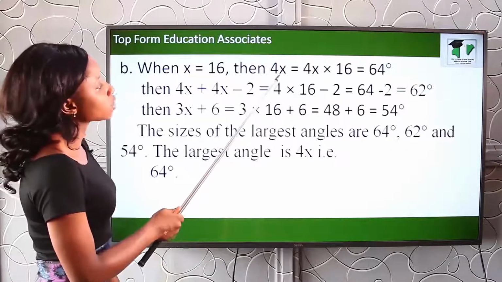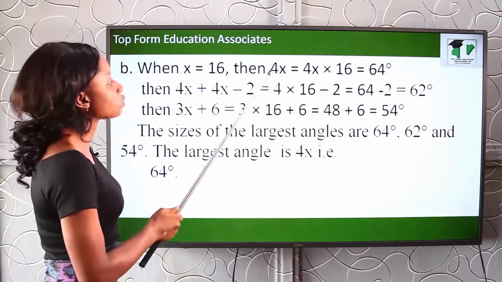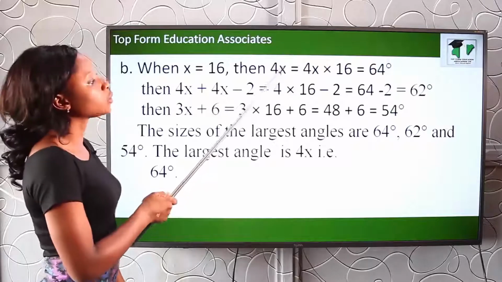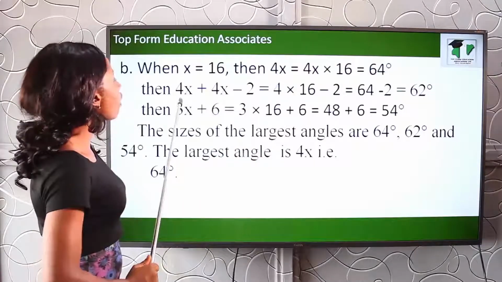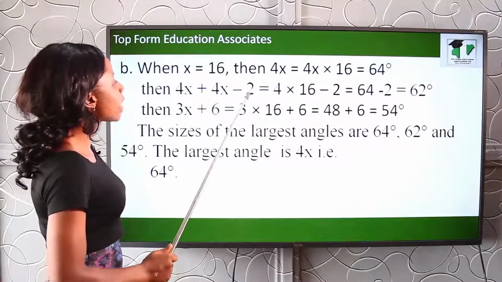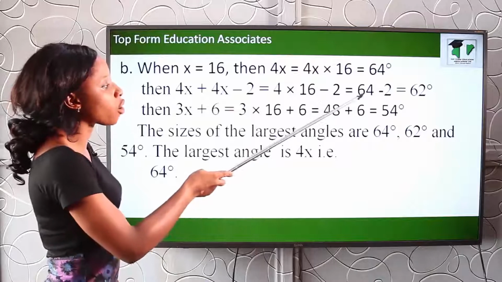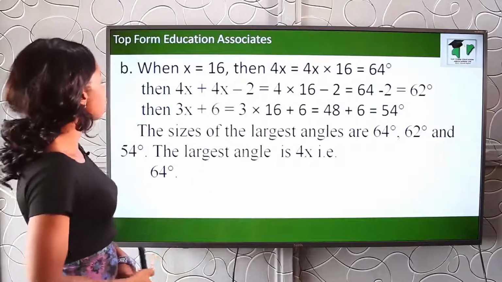4x will be 4 times 16. Remember our value for x is 16, and we get 64 degrees. Then 4x minus 2 will be 4 times 16 minus 2, which is 64 minus 2, giving us 62 degrees.